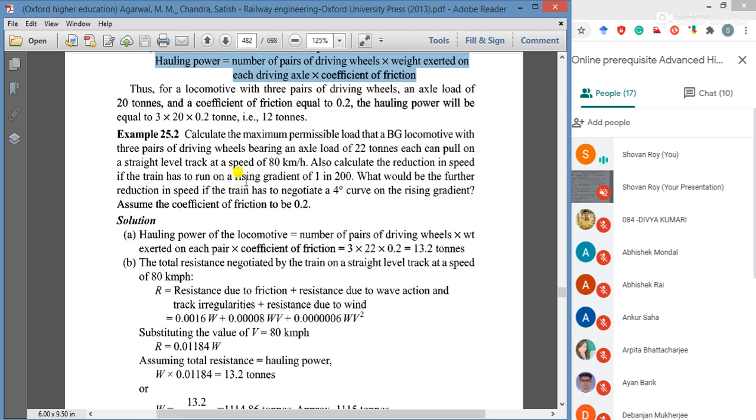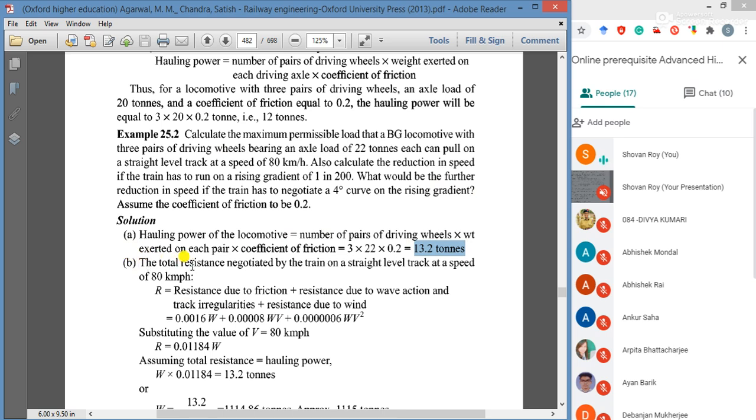As per the values mentioned in the question, the number of pairs of driving wheels is 3, the axle load is 22 tons, and assuming the coefficient of friction is 0.2, so times 0.2. This is the hauling power. This power, 13.2 tons, is required to haul the train. Now this value is available to us, and it is very important because it is required to calculate other values.